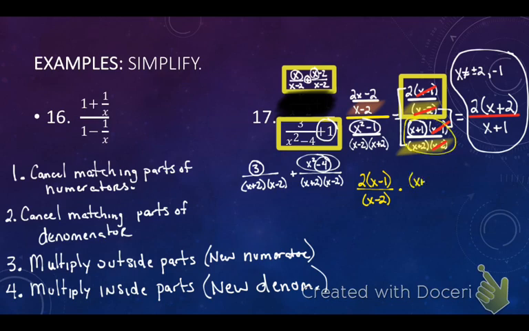So x plus 2, x minus 2, and then x plus 1, x minus 1. Everything is still going to cancel just like it did before. And I'm still going to be left with the same things on top. That didn't change. My answer is still going to be 2 times x plus 2 all over x plus 1.